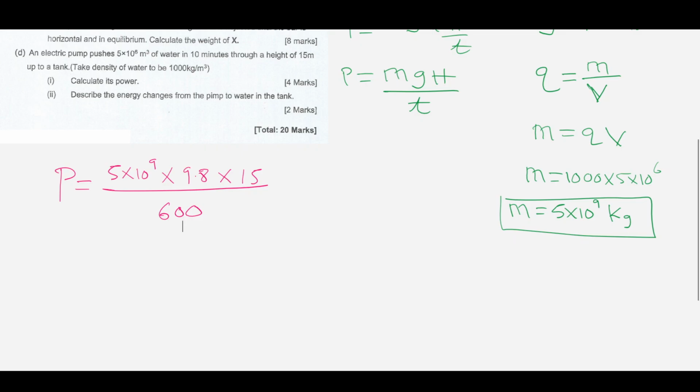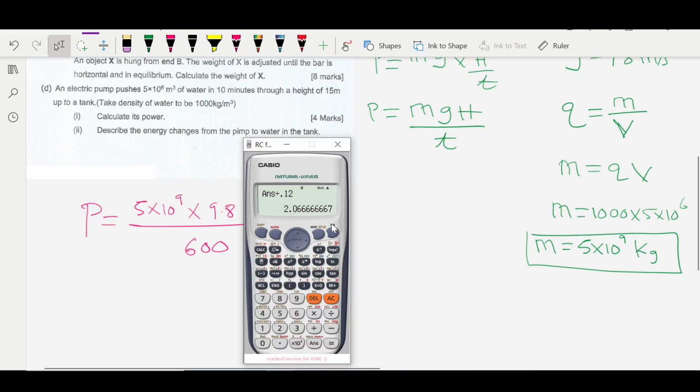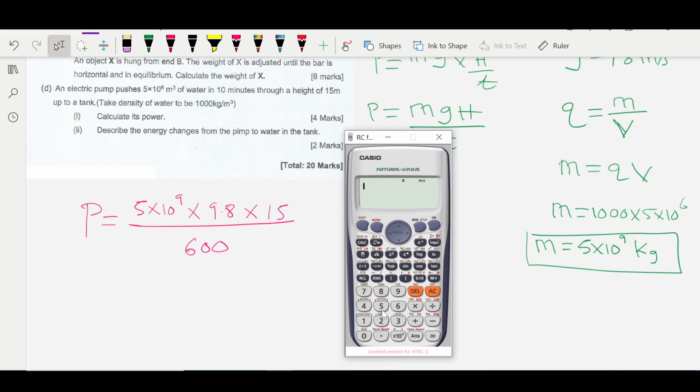Okay, so let's punch that on the calculator. So we have 5 times 10 power 9 times 9.8 times 15.